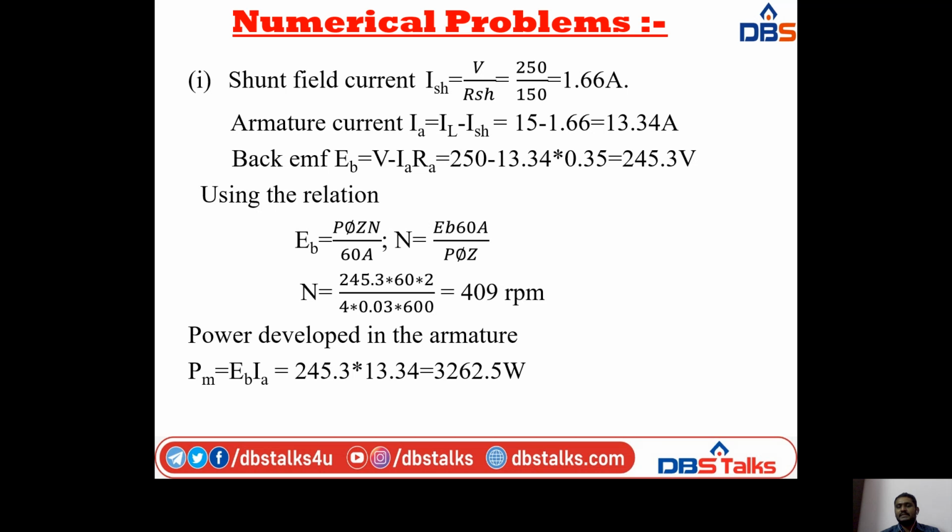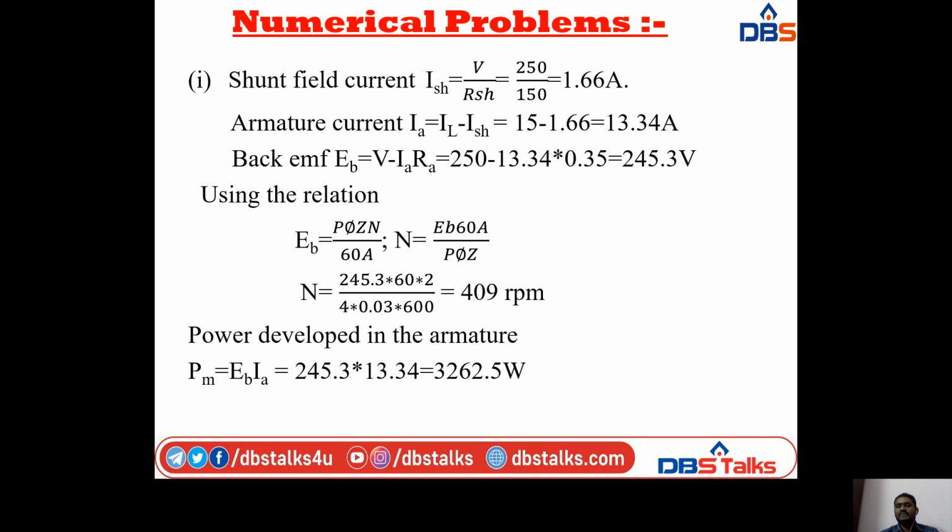And using the formula for a DC generator, generated EMF, which for a DC motor is also known as back EMF, EB is equal to phi P N Z by 60A. By using this we have to calculate the speed.